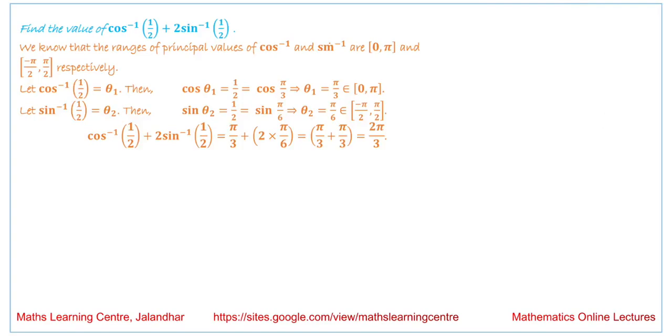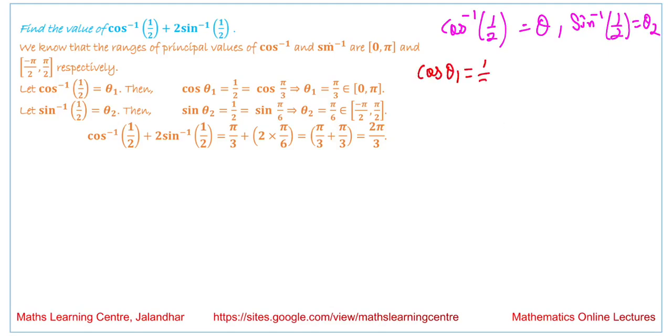Next we have to find the value of cos inverse of 1 by 2 plus 2 sin inverse of 1 by 2. So first, let cos inverse of 1 by 2 be equal to theta 1, and sin inverse of 1 by 2 be equal to theta 2. So what we get from this is that cos of theta 1 is equal to 1 by 2 and sine of theta 2 is equal to 1 by 2.